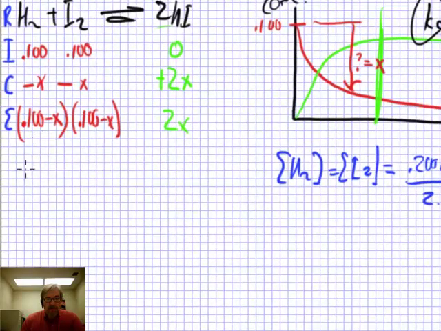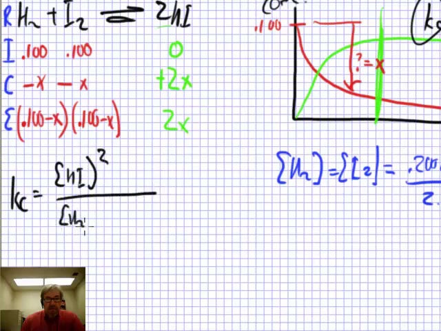So what's Kc again? Well, Kc is the concentration of HI at equilibrium squared divided by the concentration of H2 times the concentration of I2 at equilibrium. In terms of our chart, in the equilibrium line, we now know what concentrations of all these species are.